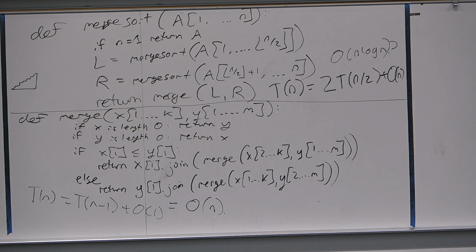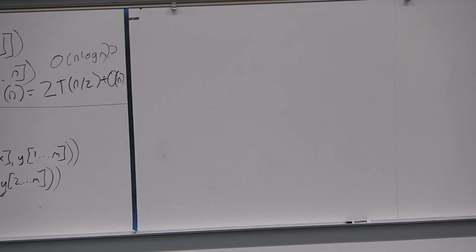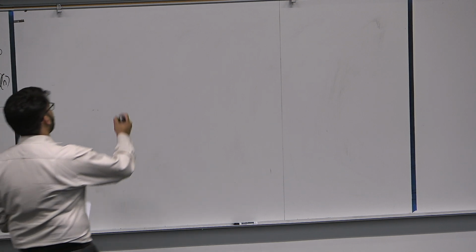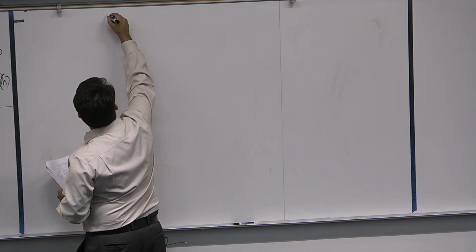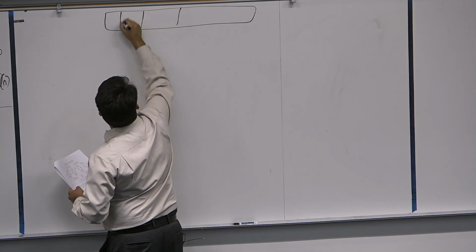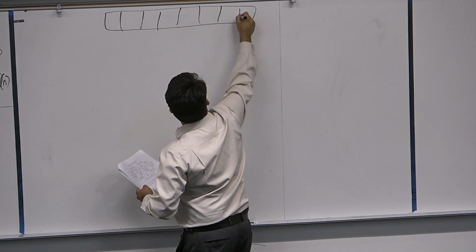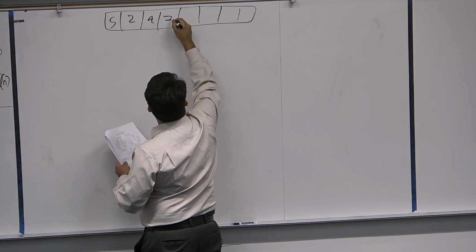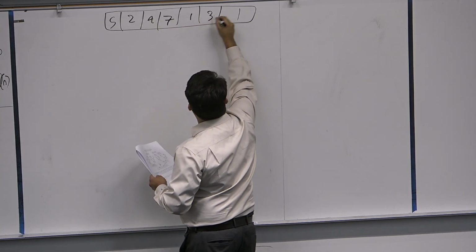Just to show you what goes on in merge sort, let's do one quick demonstration. Suppose we have a nice power of 2, let's say 8 elements: 5, 2, 4, 7, 1, 3, 2, 6.